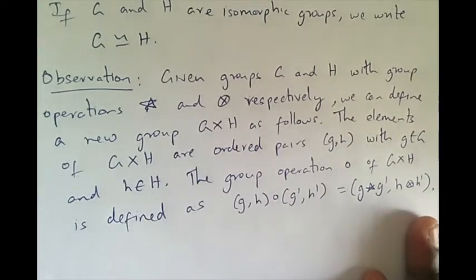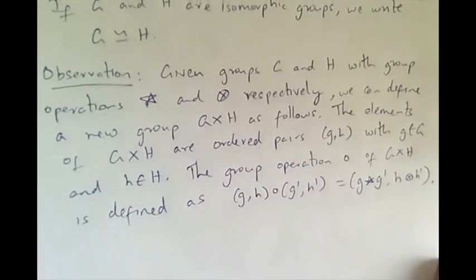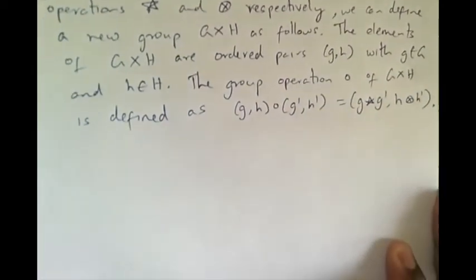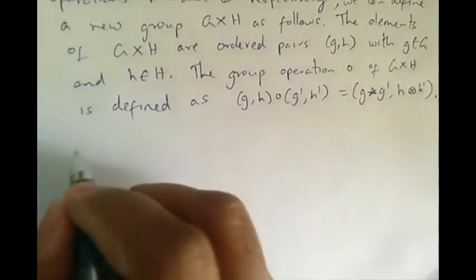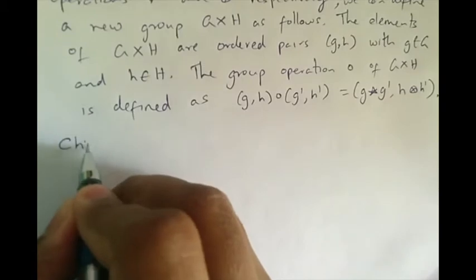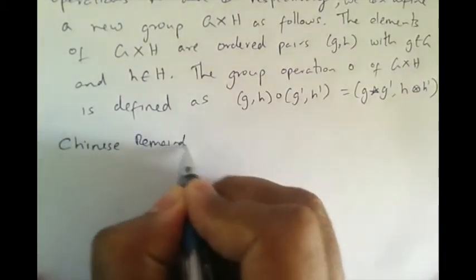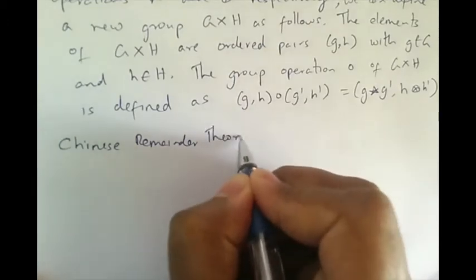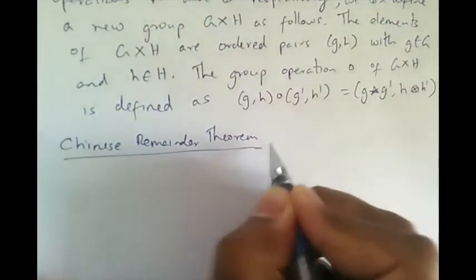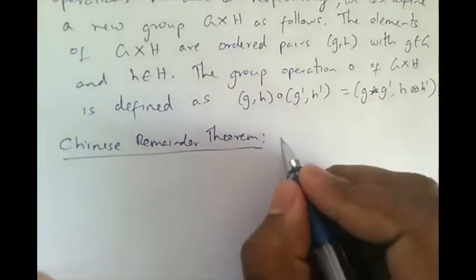So now we are ready to state the Chinese remainder theorem, sometimes shortened as CRT. The statement is as follows.